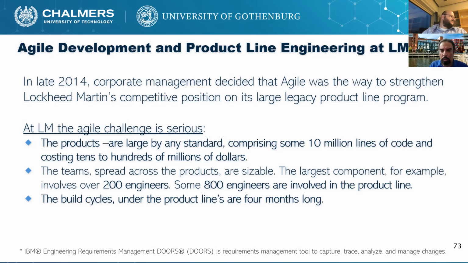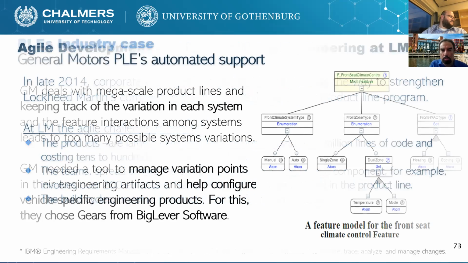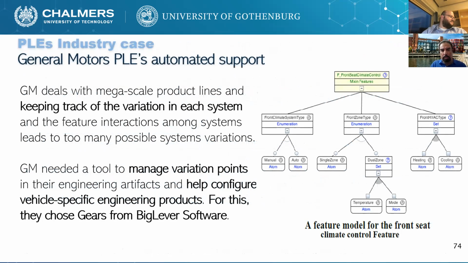And in one system, maybe 200 engineers are involved. So what they did really, they divided their cycles from 4 months to 4 weeks or 2 weeks. And the teams from 200, they made teams of 7 or 8 engineers. It was a big challenge, but they went through it and it's working and they are happy with it. That's as far as Lockheed Martin.